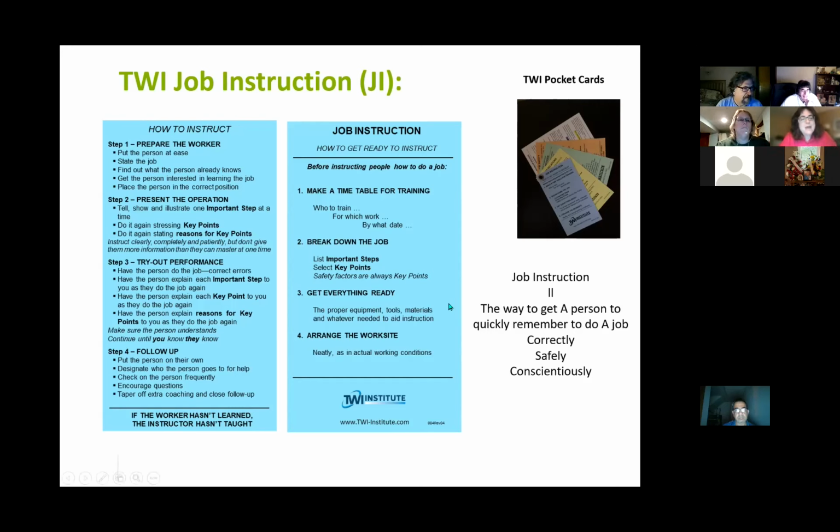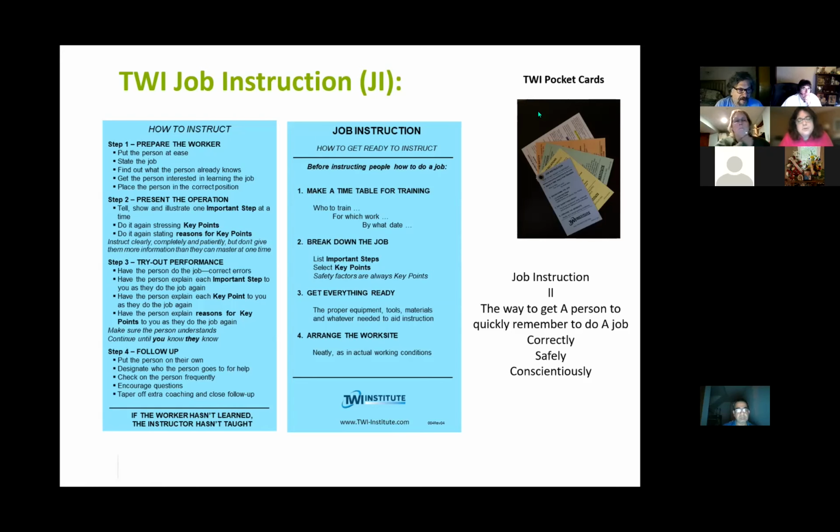So that is the magic of JI, and the reason why I say that is, look on the left side, the blue card titled How to Instruct. There are 4 steps. That job breakdown that I just briefly mentioned is used in step 2 and somewhat used in step 3.